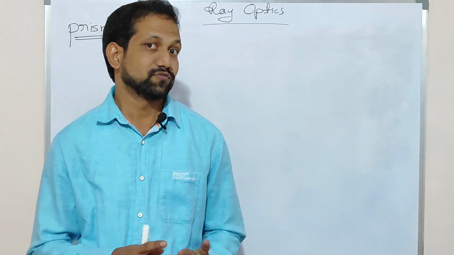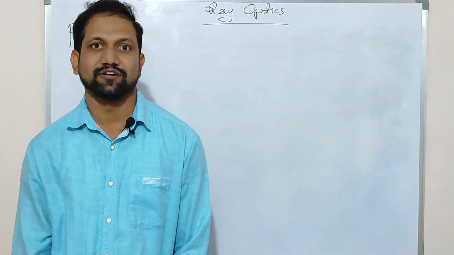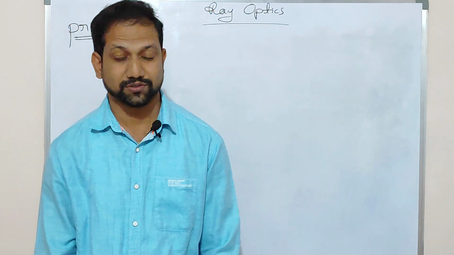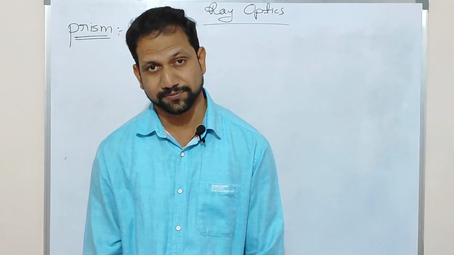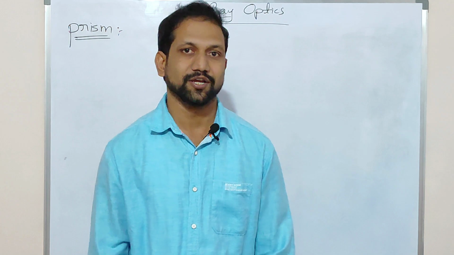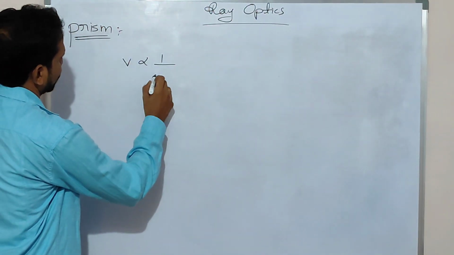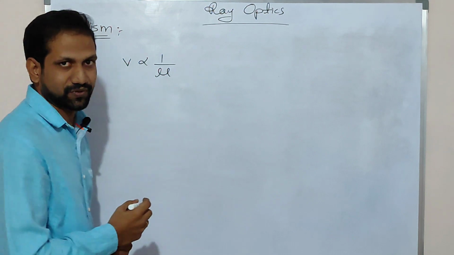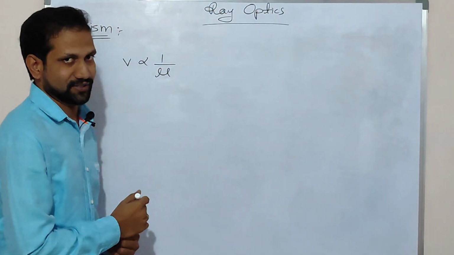Okay, so as a result, the velocity of red color will be greater than the velocity of the violet color, because red color has the least refractive index. You all know that the velocity is inversely proportional to the refractive index of the medium. So the more the refractive index, the less the speed will be.